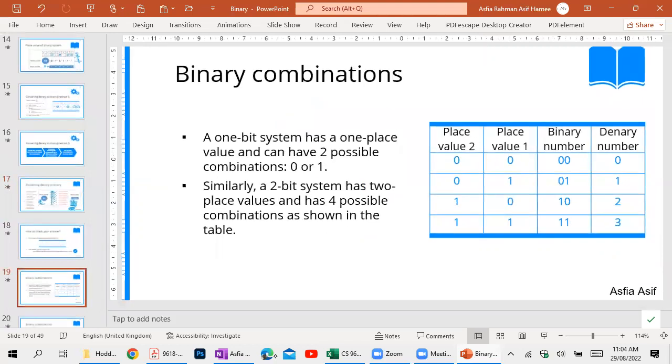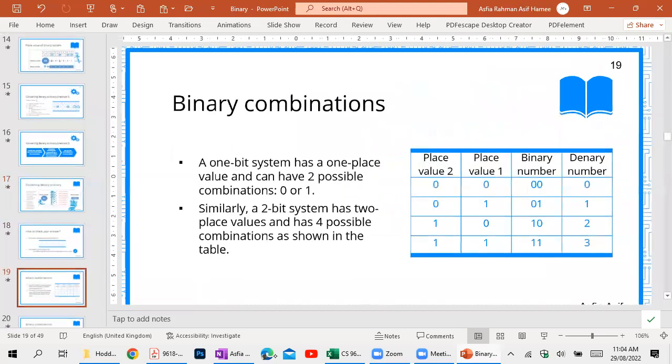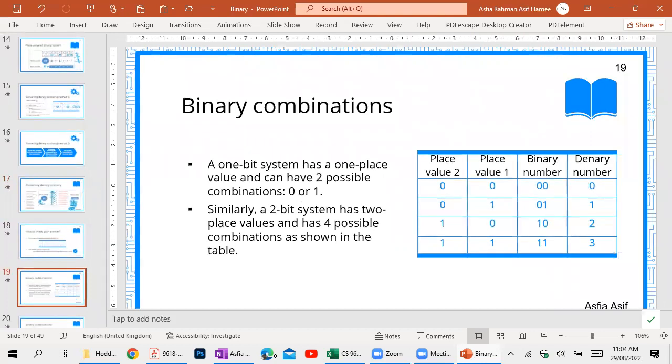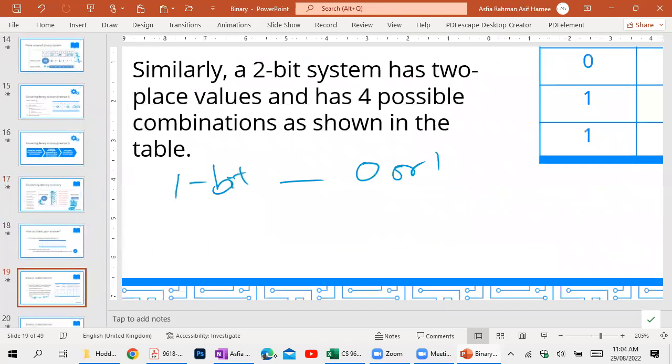Now, binary combinations. As we said, we are using the 8-bit system. If we have a single bit system, what values can it have? 0 or 1. 1 bit will have 0 or 1. 2 bits will have combinations. You are doing maths, right? Combinations, which we do in stats. But how many combinations are possible with 2 bits? 4, which are 00, 01, 10 or 11.